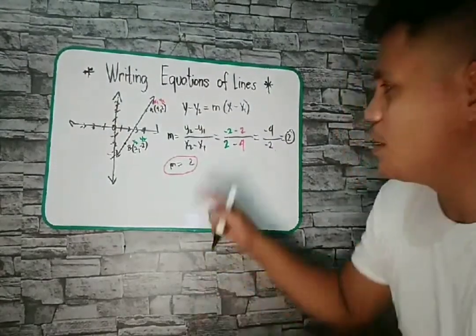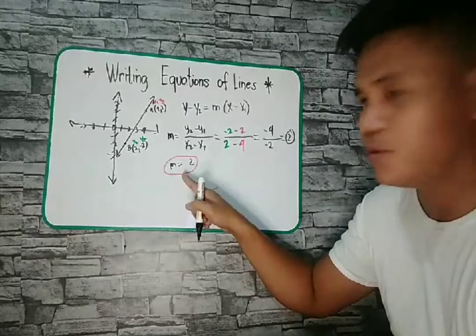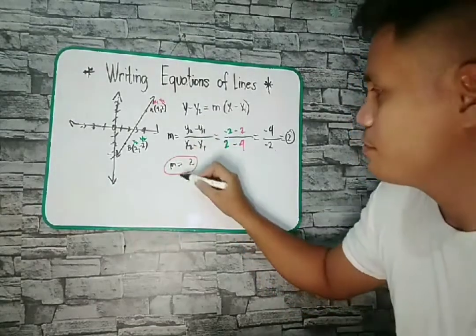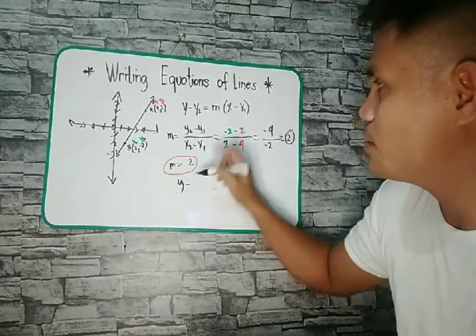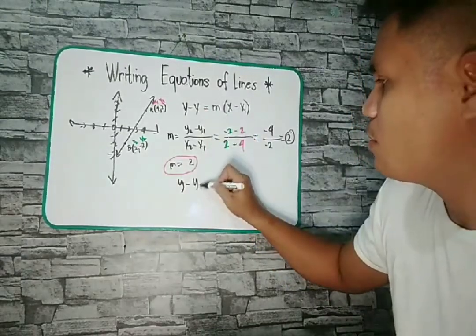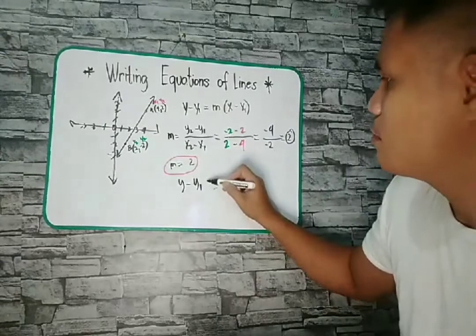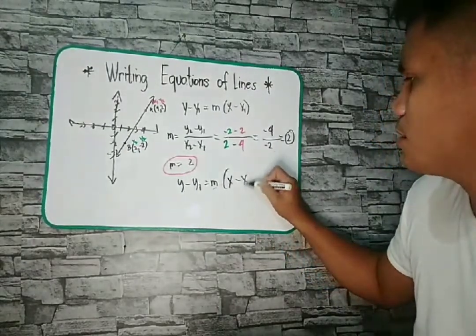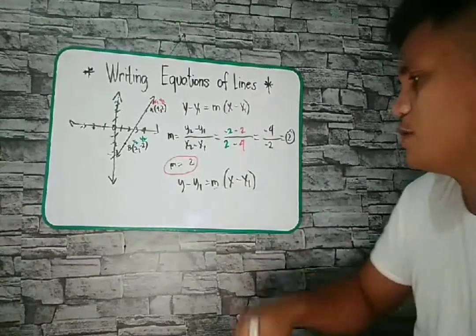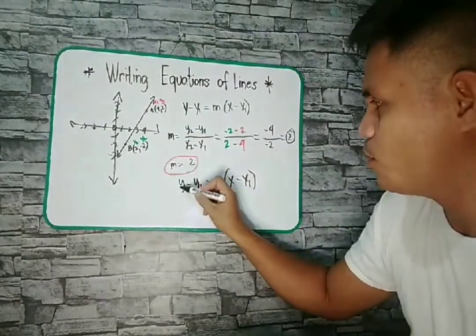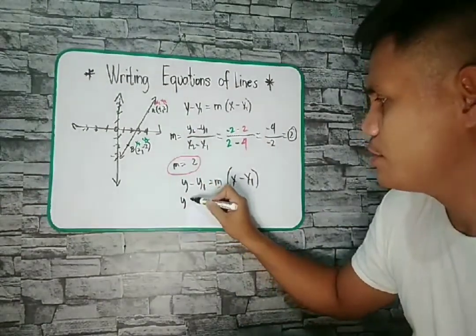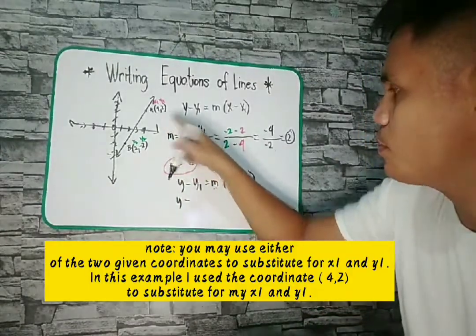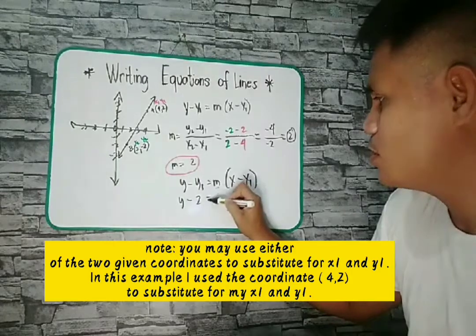Now that we were able to get the value for slope, all we have to do now is to use the formula. So what is the formula again? y minus y1 is equal to m times the quantity x minus x1. So we have to copy y minus what is y1. y1 is positive 2, is equal to m.